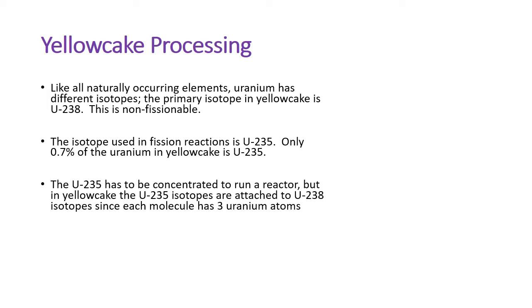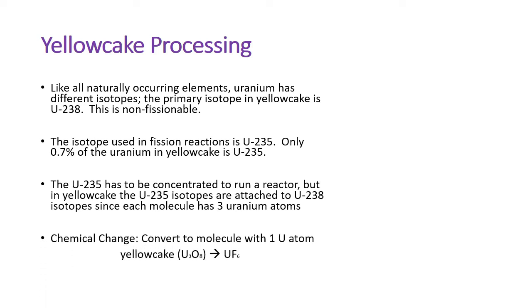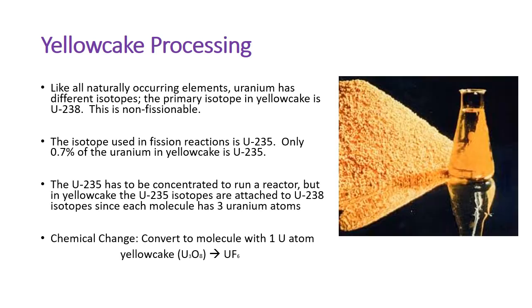They're mostly all U238, but sometimes you get a U235. It's also attached to U238, so how are we going to separate them? We're going to change the U3O8 into a molecule called uranium hexafluoride. The thing to note about uranium hexafluoride is that it only has one uranium atom per molecule.